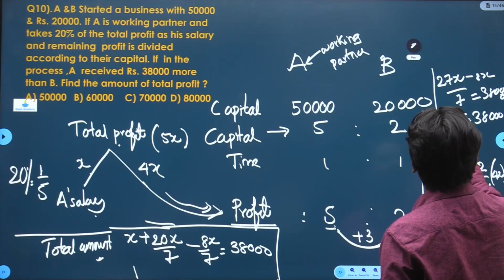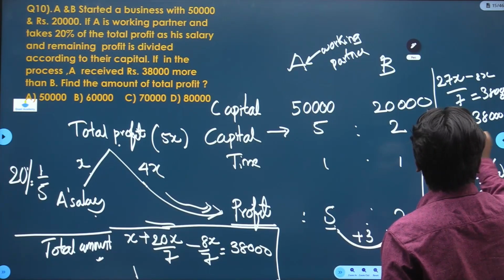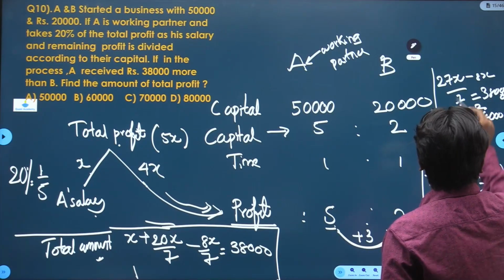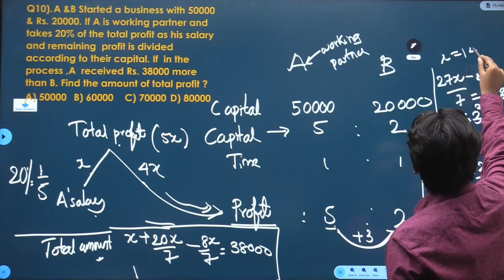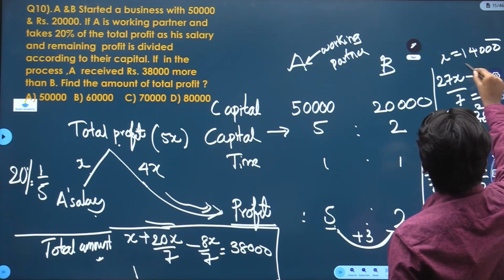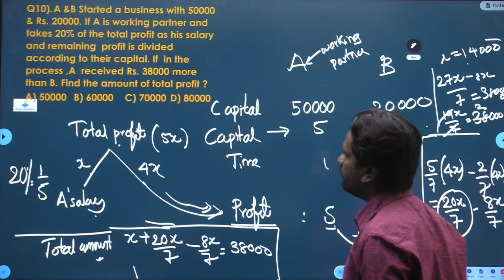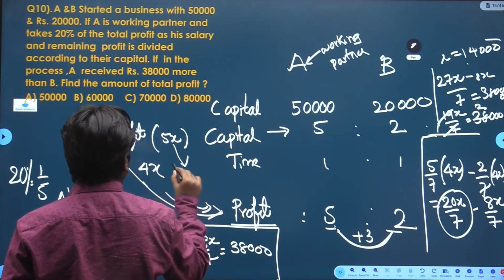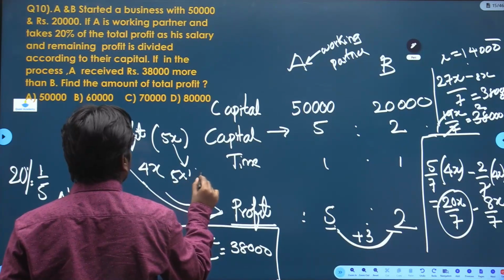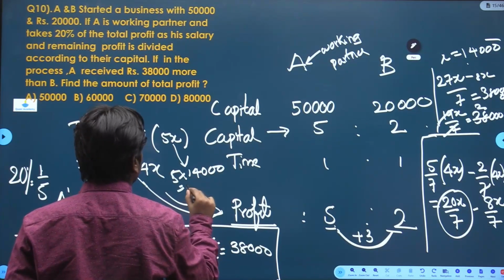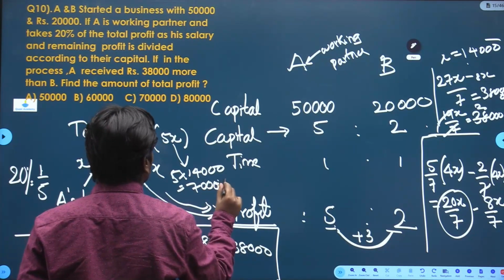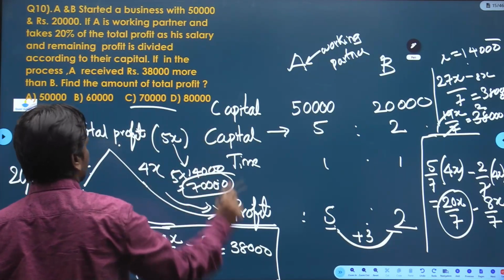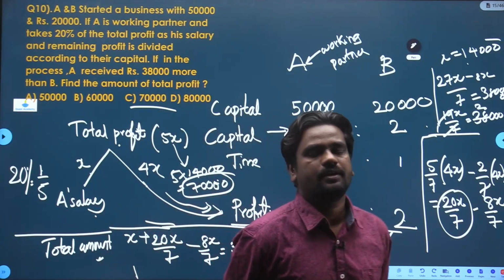So what we are getting here is x equal to 14,000. So the total profit is 5 into 14,000. Understood.